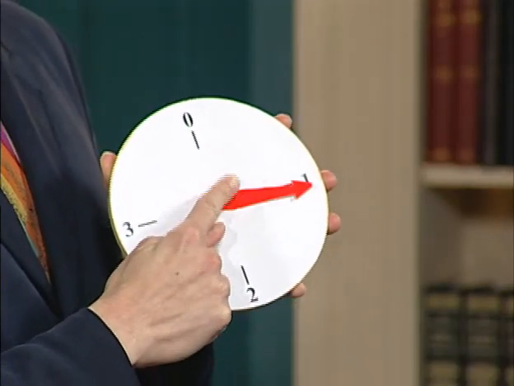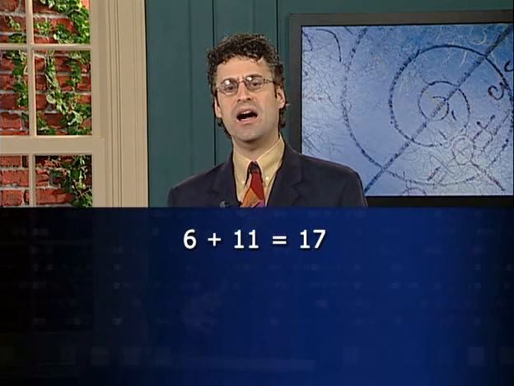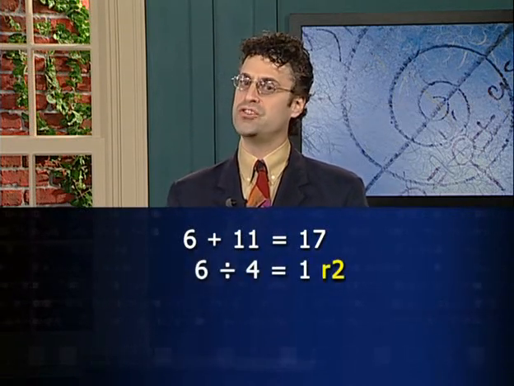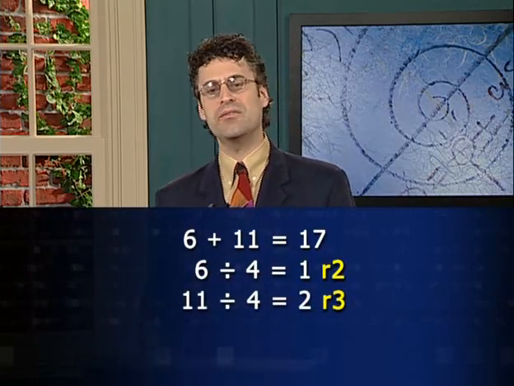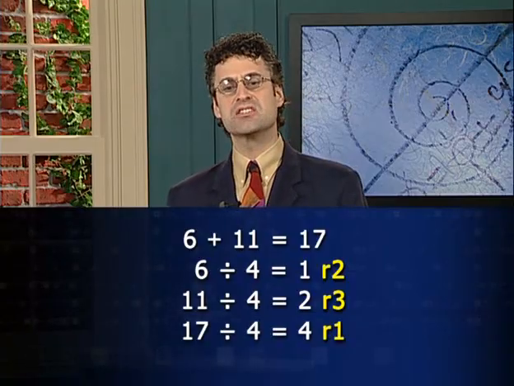So we can see that on this clock, but we can actually look at an example. For example, let's just notice that 6 plus 11 equals 17. Now, when we divide these numbers by 4, what do we see? We see that 6 has a remainder of 2, and 11 has a remainder of 3, while 17 has a remainder of 1.